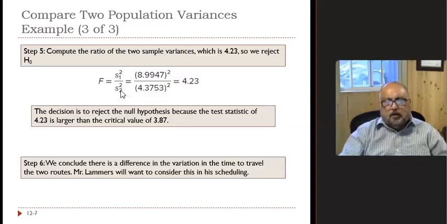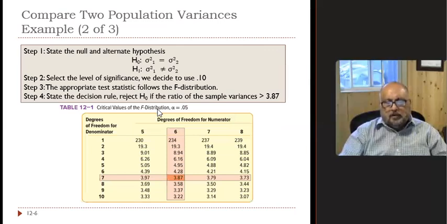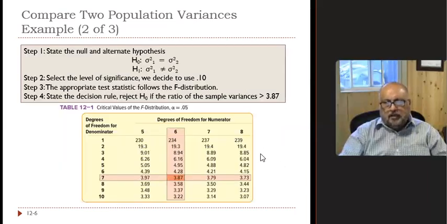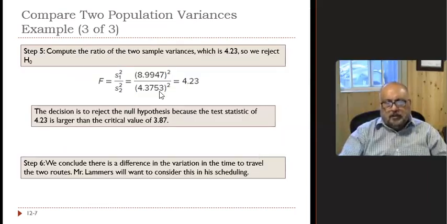The formula, as we saw before, is F equal to S1 square divided by S2 square, and we found these S1, S2, like 8.9 here, 4.3. We can use these values here, and we get F equal to 4.3.